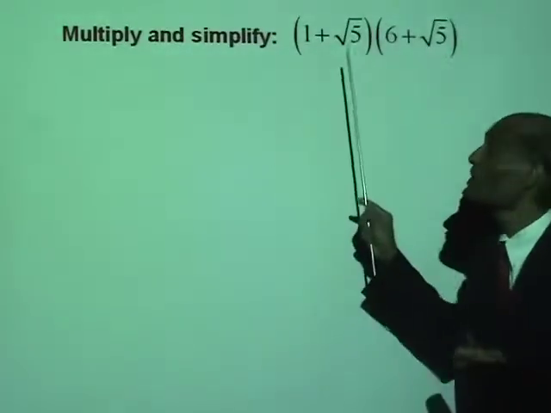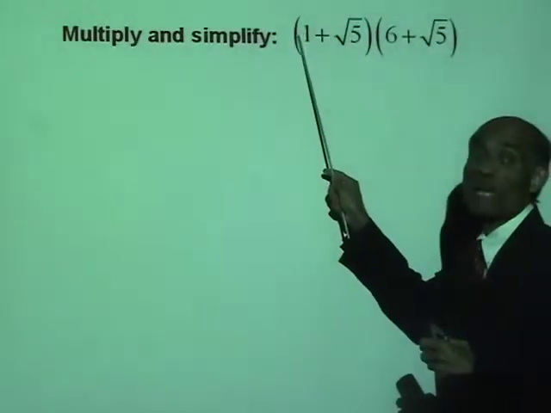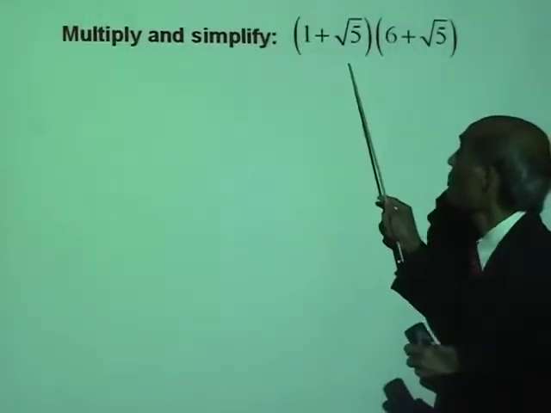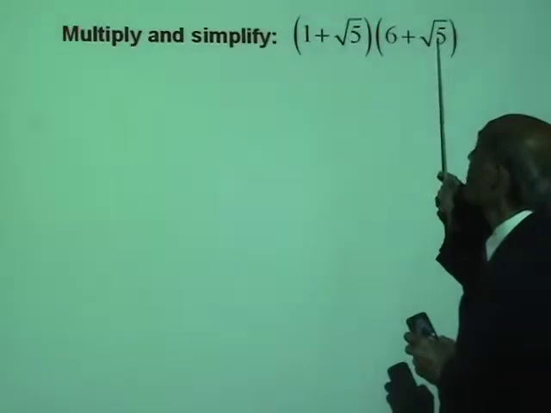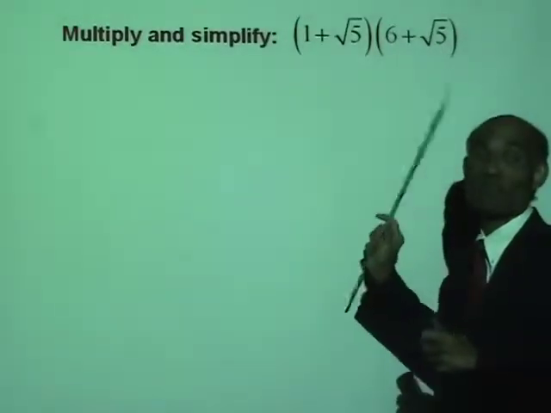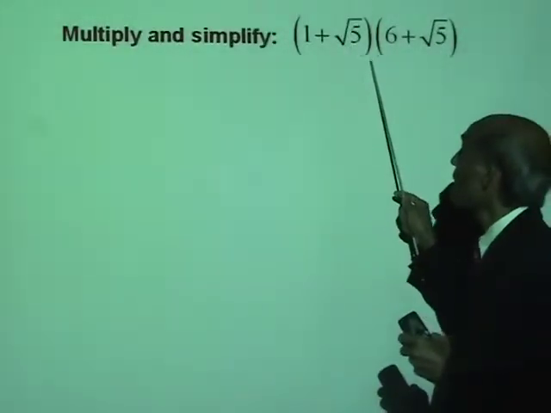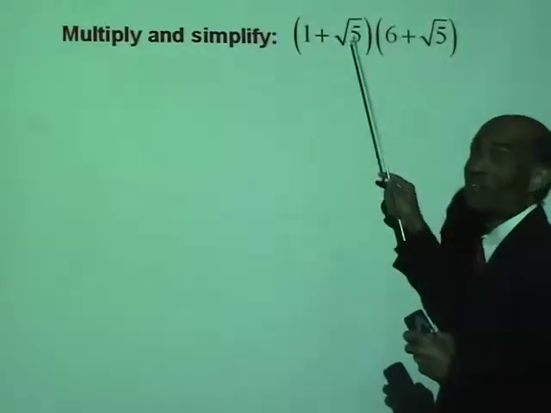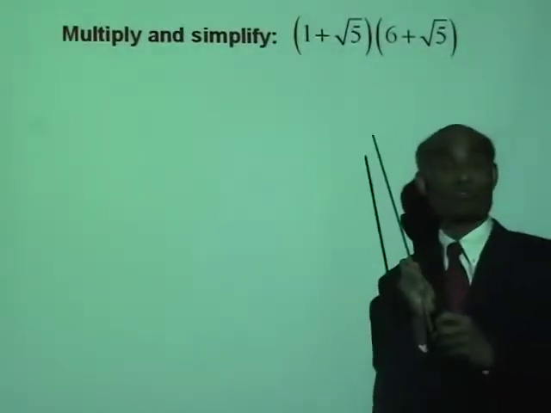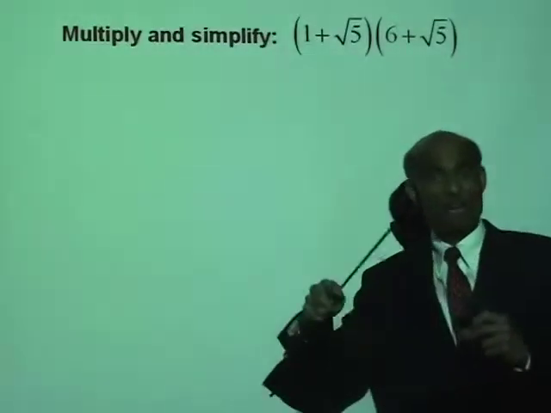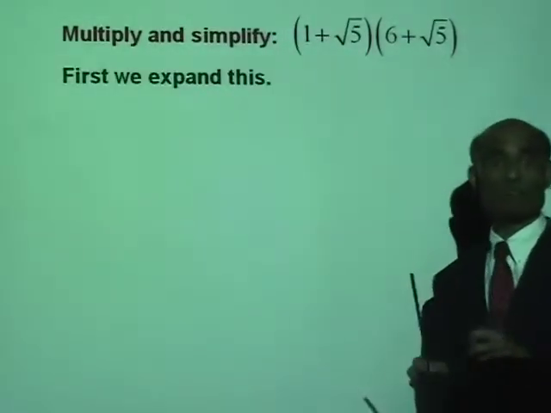That means we need to follow the same method. 1 multiplied by 6 plus 1 multiplied by square root 5 plus square root 5 multiplied by 6 plus square root 5 multiplied by square root 5. I hope you can do that multiplication like this.